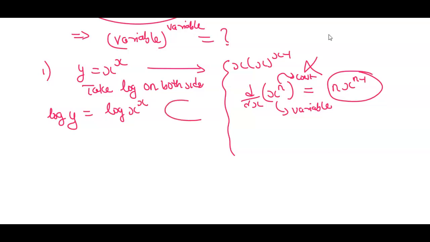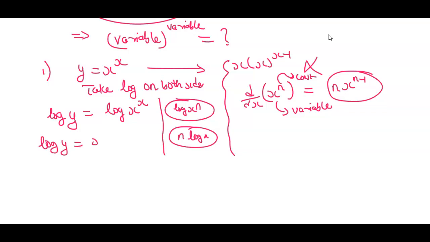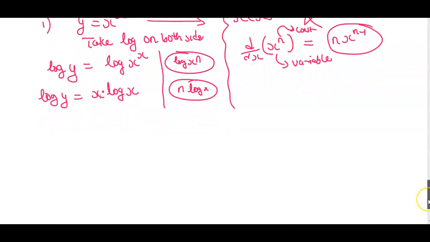Now you can apply the formula like log x to the power n is nothing but n log x. Applying that formula, this is going to be log y is equal to x log x. Now I can see the product of two functions, one is x, another is log x. So now since it is simplified, I am differentiating it with respect to x.